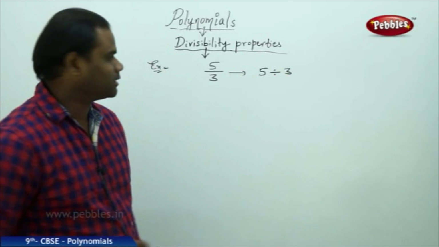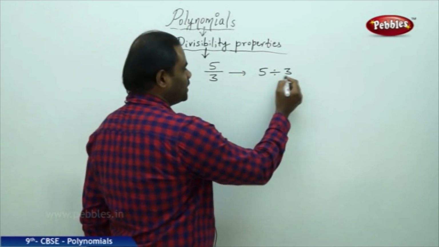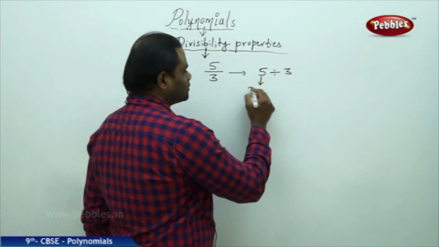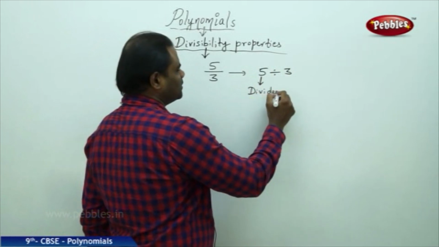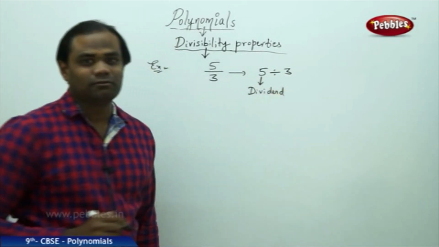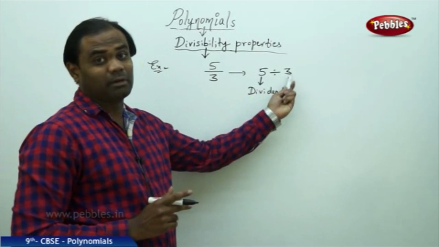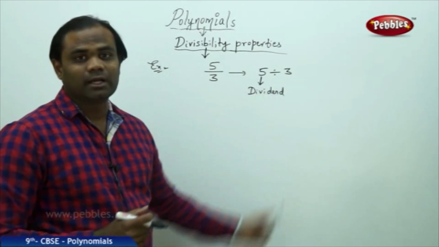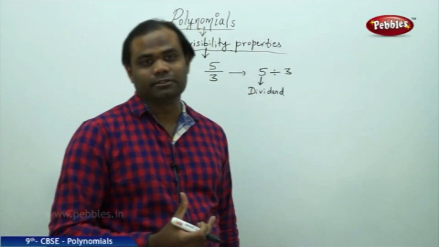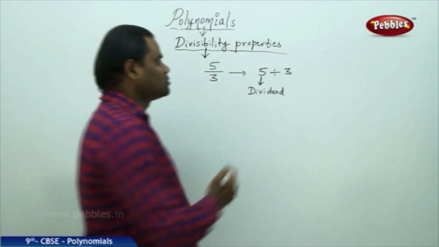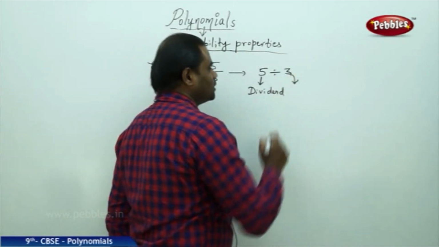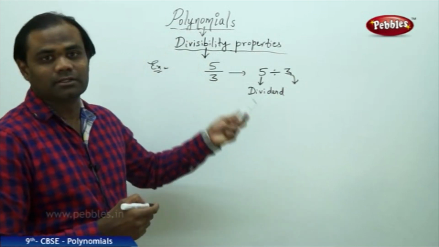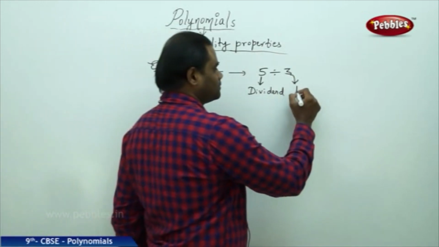So here I understand that the number which is being divided is called the dividend, and the number which acts in the division is the divisor. So 3 gets divided into 5, and it is called the divisor.